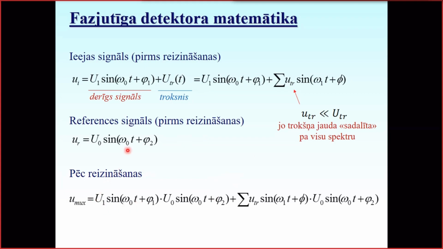One is a multiplication of the useful signal by the reference signal with the same frequency, and we have here the sums where nearly all components except one with frequency omega 0 will have the shape of sine(omega 1 t plus some unknown phase) times sine(omega 0 t). So this happens after the multiplication.